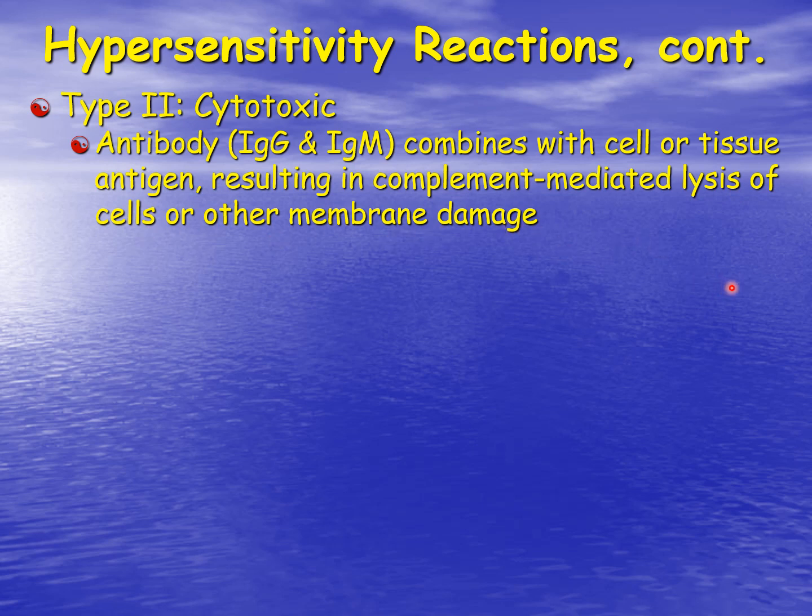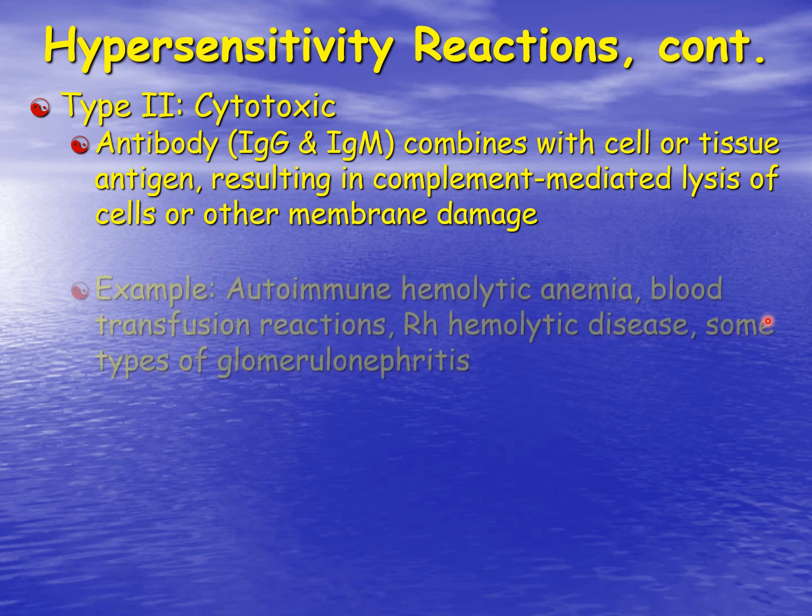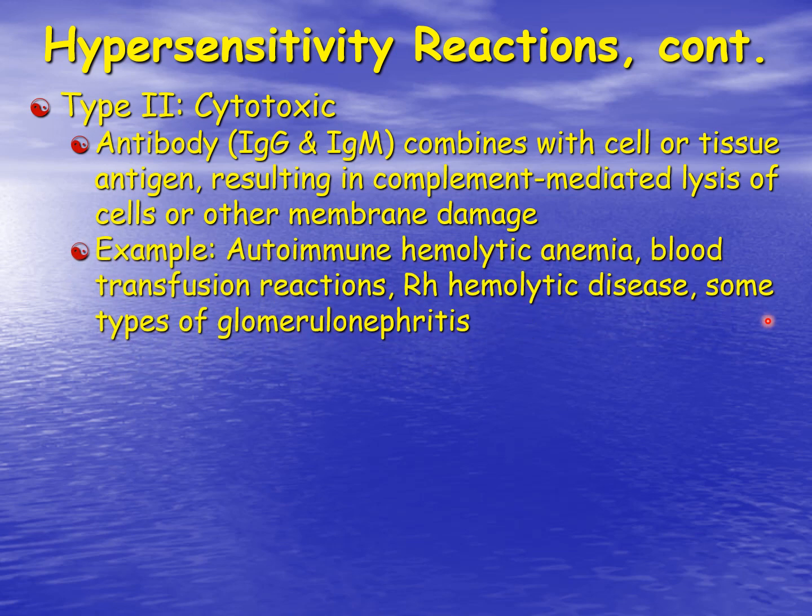I'm going to show you a picture of this here in just a moment. Some examples of type 2 hypersensitivity reactions include autoimmune hemolytic anemia, blood transfusion reactions where we give a mismatched blood type to a person, Rh hemolytic disease. This is erythroblastosis fetalis, where mom is Rh negative and the fetus is Rh positive, and certain types of glomerulonephritis within the kidneys.